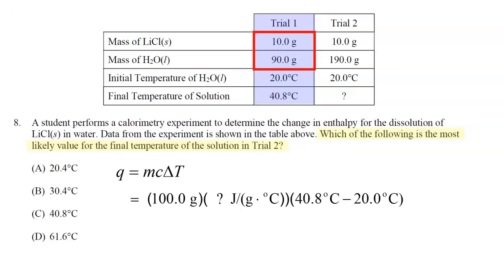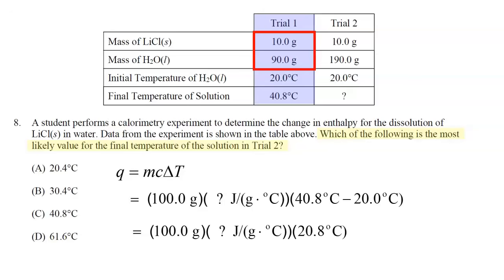So I've got my Q equals mc delta T. I have 100 grams of solution in this experiment for trial 1. We were not given the value for the specific heat capacity of the solution, so I'll skip that part for now and just put a question mark in that spot. And then the delta T would be the change in temperature. So it's going to be 40.8 degrees Celsius, the final temperature, minus 20 degrees Celsius, the initial temperature.